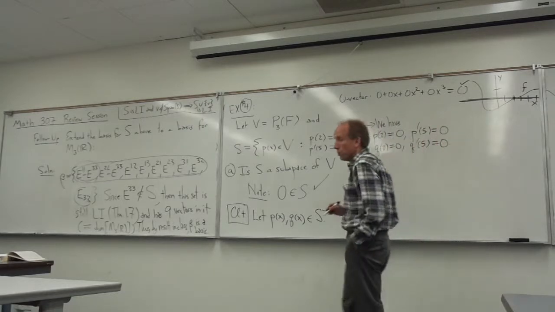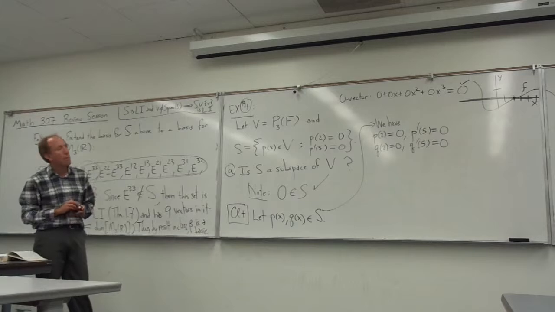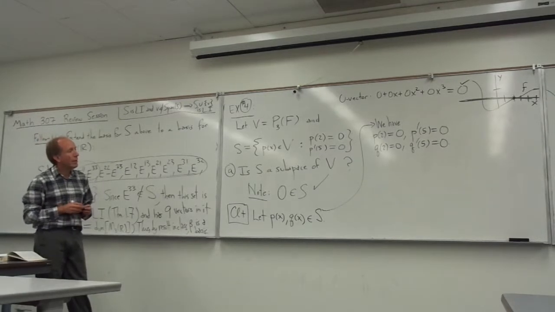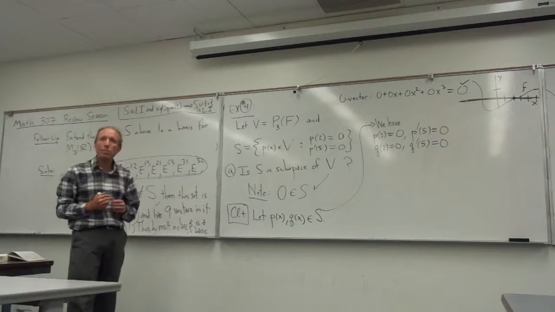We have like all of those equations. Those things are all going to be true. So I'm just putting down the assumptions. So do you think that those same equations will be true about P plus Q?